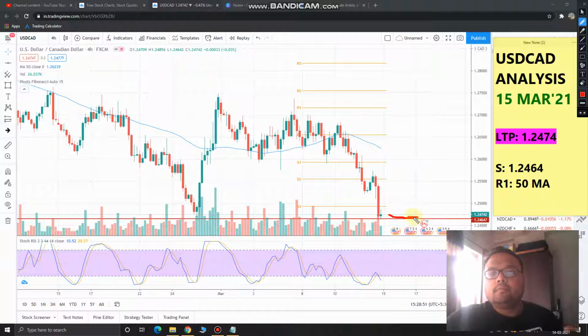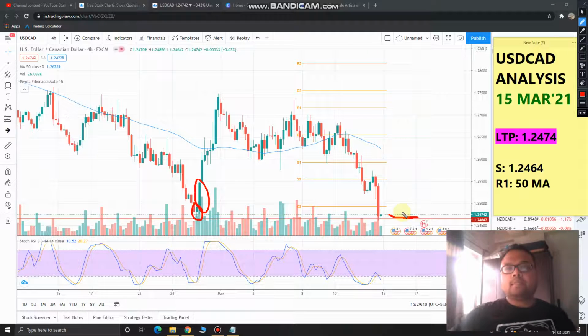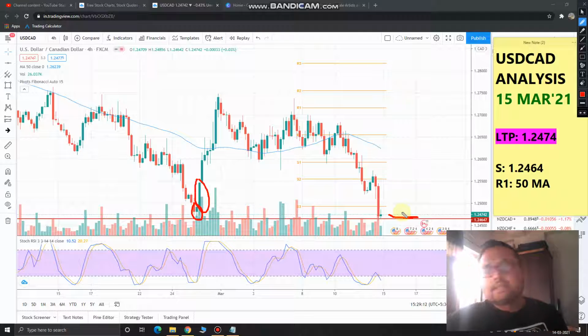If you see that the market is not ready to go down, and you see some price rejection from below like this, or a big fat green candle like this, it means the bulls are not allowing the market to go down. Just try to understand the market psychology. If you see that the market is not ready to go down, then you can take a small risk and buy here. Just keep your stop loss somewhere down here.